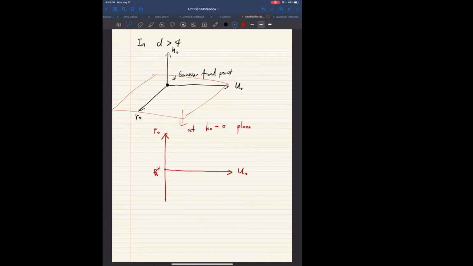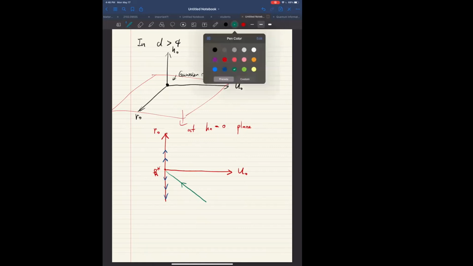And then you know R0 is the relevant operator, it keeps rising, so it will go this way. And there's some linear superposition line which will flow in, like this one. And there are other lines that flow in this direction.